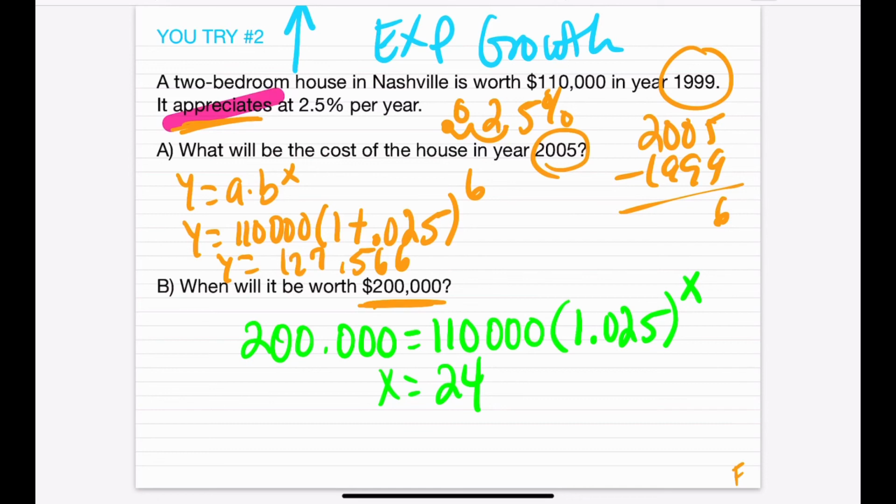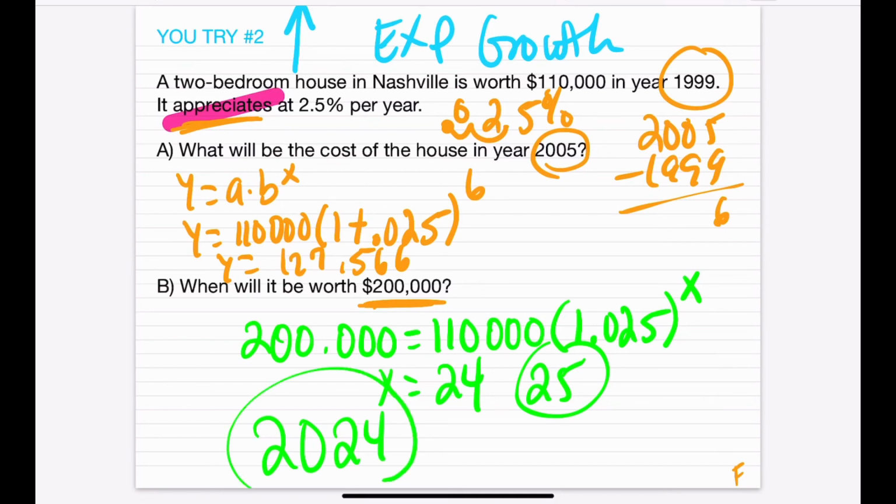So when will it be 200,000? Well, technically it won't be 200,000 in the year 24. So let's round that up to 25 years later, because at 24, it'll be less than 200,000. So now you have to add 25 to 1999, and you get 2024 after you add the two.